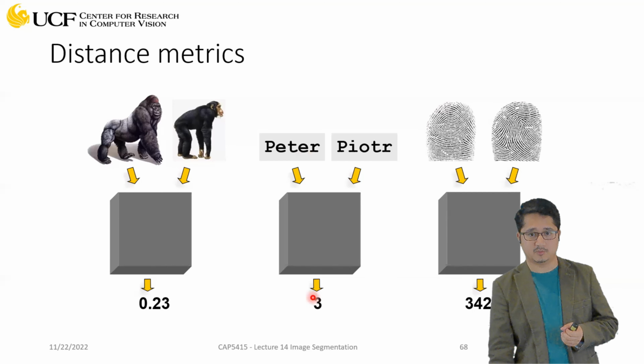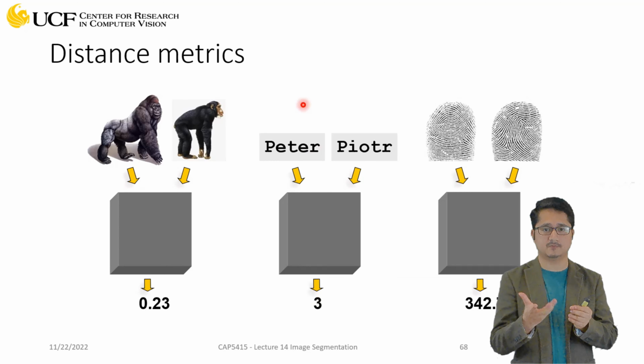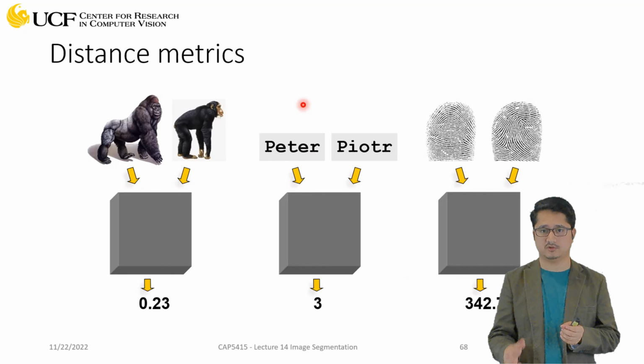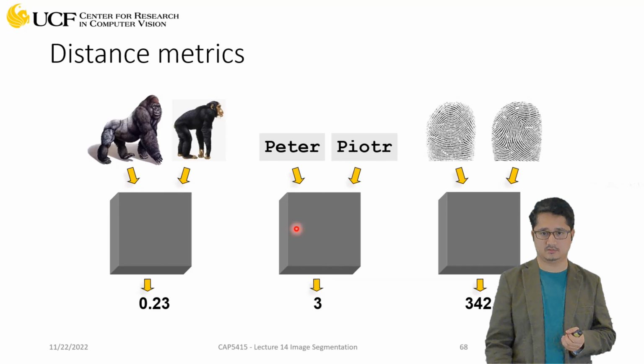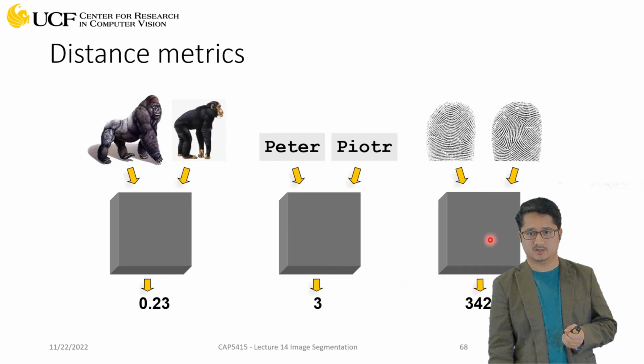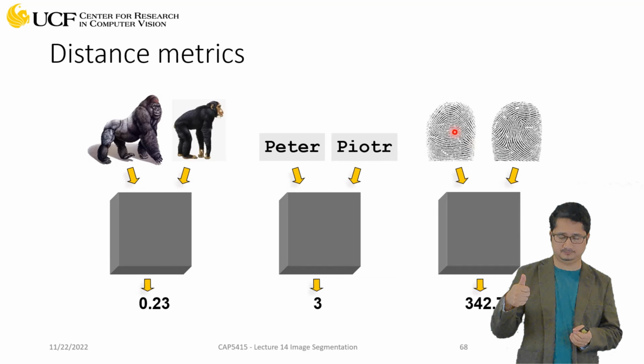But if you want to differentiate whether these words come from different languages or the same language, then you might need a function which gives you a number that is pretty high.